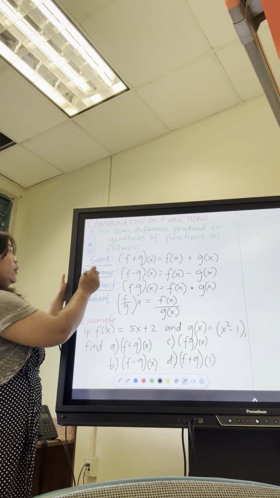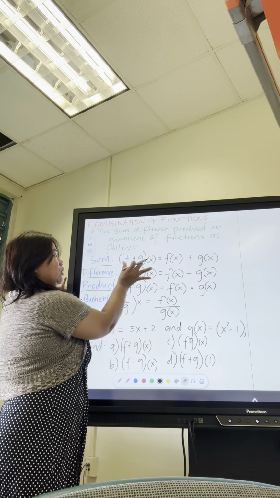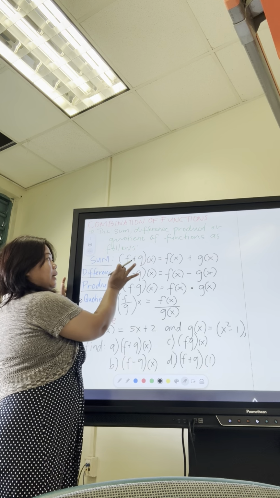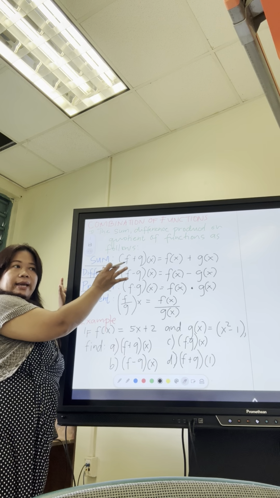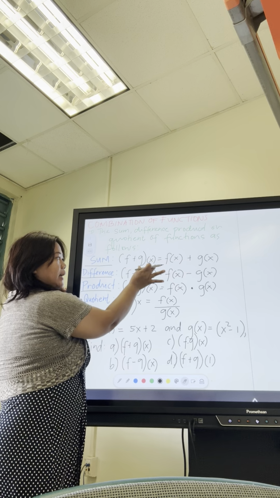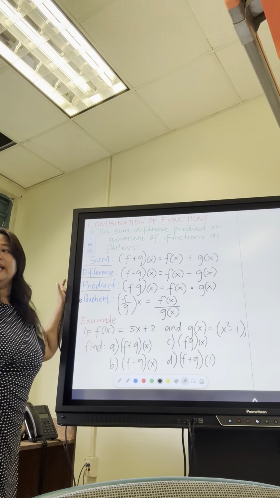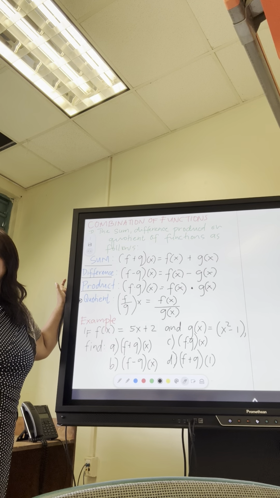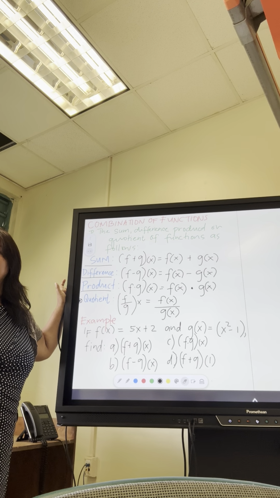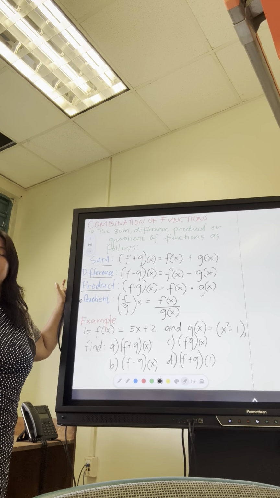Okay? So for the sum or addition of functions, you are going to use this notation. We have f plus g of x. So how will you read this notation? f plus g of x is equal to f of x plus g of x. So meaning, you just combine the common terms, applying what you have learned in addition of polynomials.